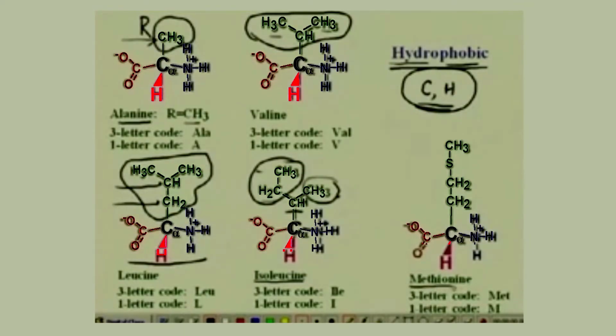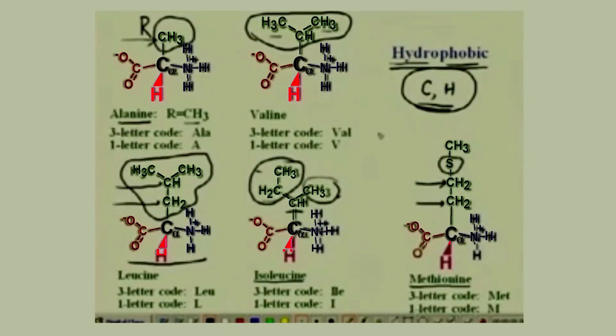Methionine can fall into this category as well, but it has a sulfur atom and a methyl group attached to the sulfur atom. So, we have the C alpha, we have a C beta, a C gamma, and to the C gamma is attached this sulfur atom, and then we have a methyl group attached to the sulfur.